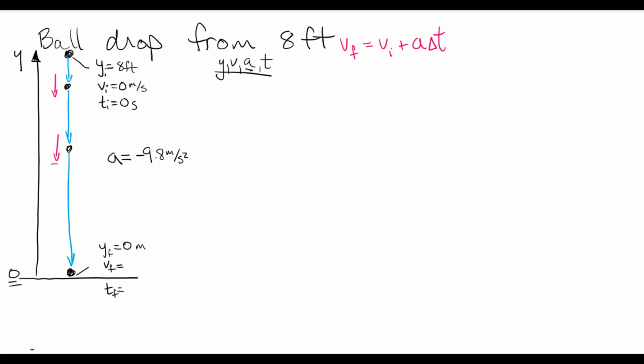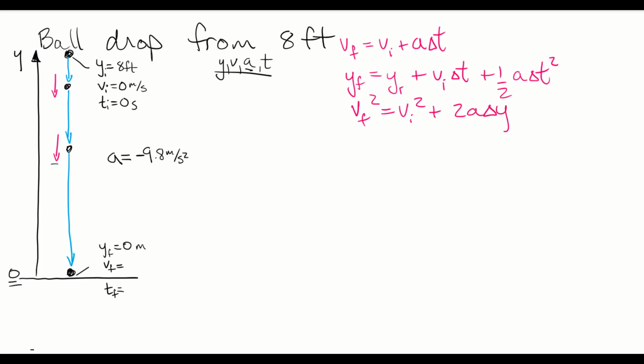The position one was Y final is equal to Y initial plus V initial delta t plus 1/2 a delta t squared. And then finally we have V final squared is equal to V initial squared plus 2a delta y.